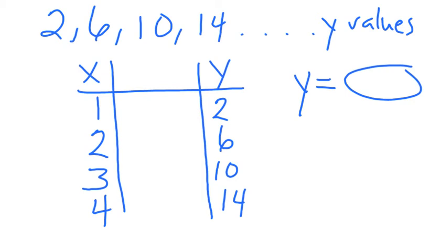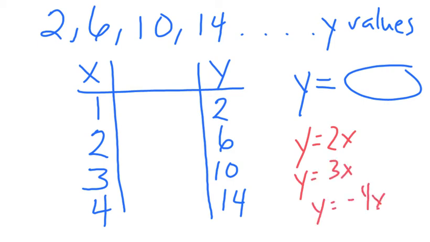Now, I'm going to tell you ahead of time, this one's a little different than the ones that we've had. Because every one we've had so far has been like y equals 2x, or y equals 3x, or y equals negative 4x. It's always been one like this with nothing over here. This one is going to have some stuff on the other side.